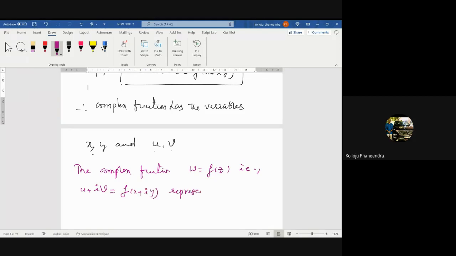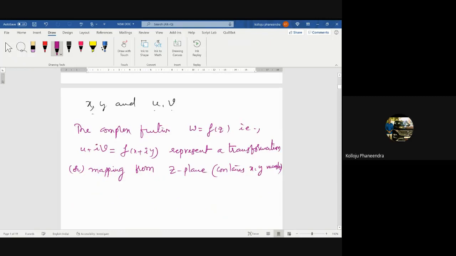It represents a transformation or mapping. It is also called a mapping. Mapping from where to where? Mapping from the z plane. Z means x plus iy, which contains x comma y variables.